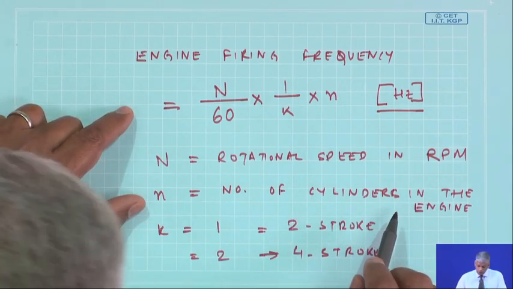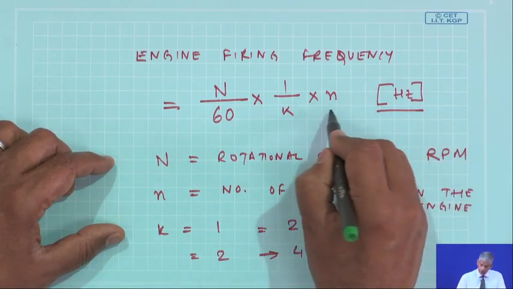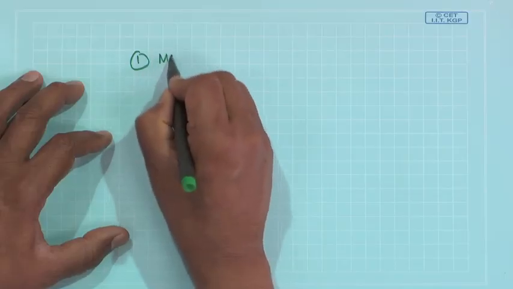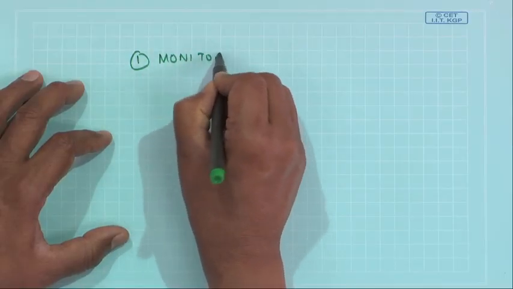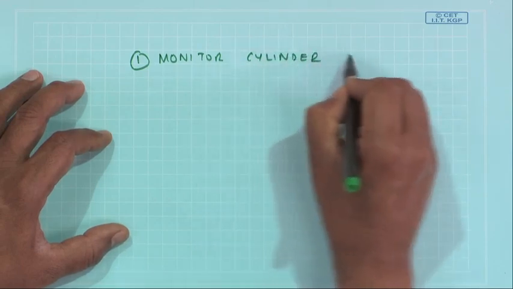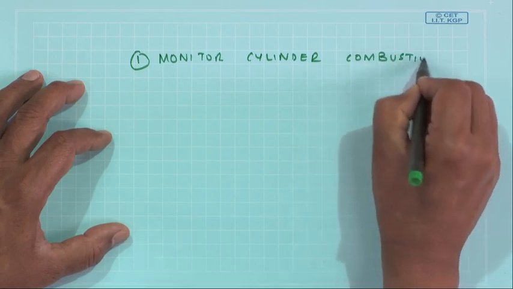Now, this essentially means that all the cylinders in the engine are firing. So, how do you monitor the health of an engine? I could monitor the cylinder combustion pressure.